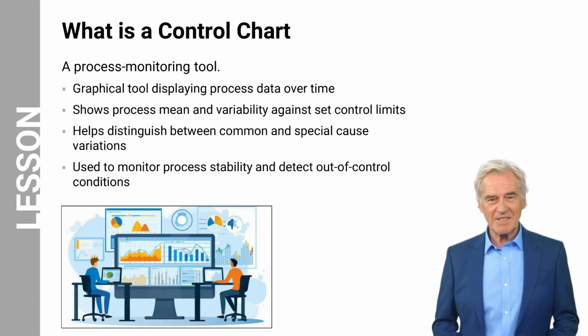It plots the process mean and variability against predetermined control limits, providing a clear representation of process performance. The chart's primary function is to help differentiate between common cause variations that are inherent to the process and special cause variations that indicate potential issues. By doing so, it enables managers to monitor process stability effectively and quickly identify out-of-control conditions, facilitating timely interventions and continuous improvement.